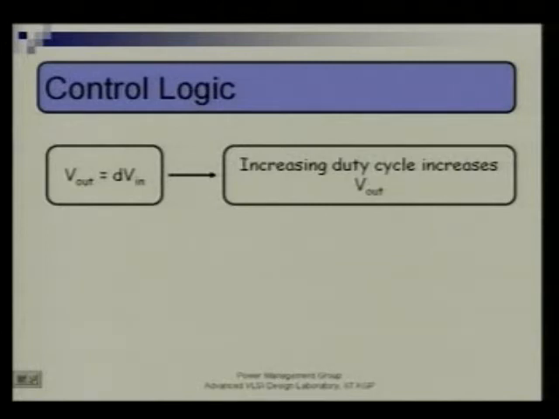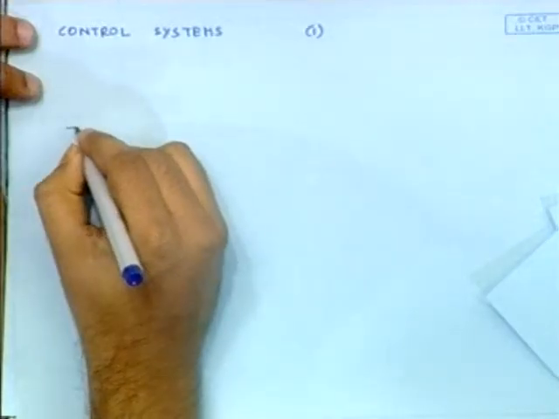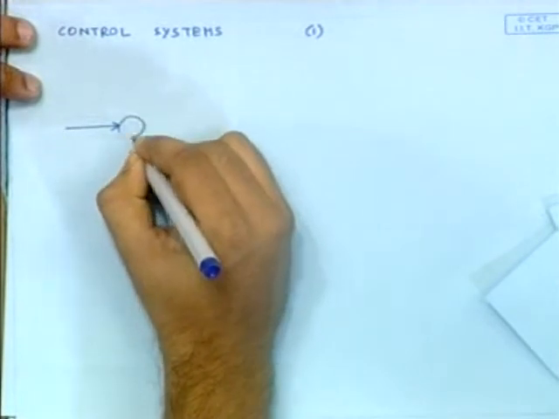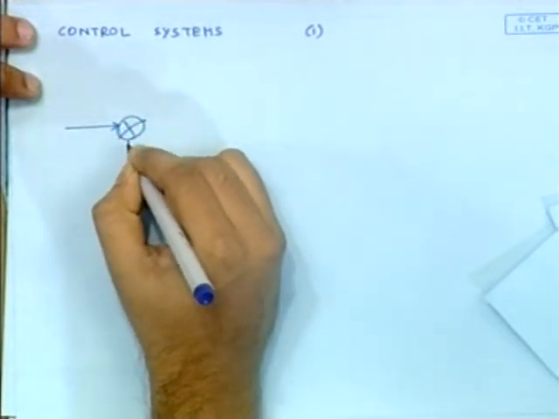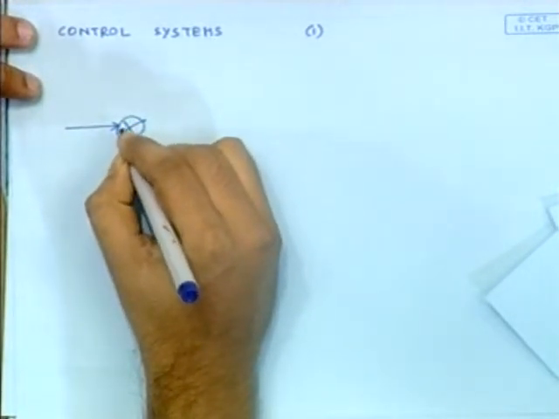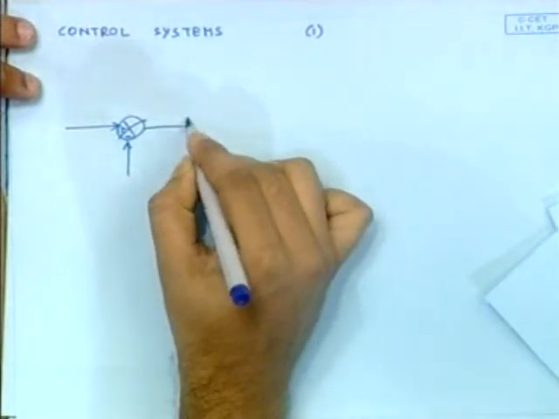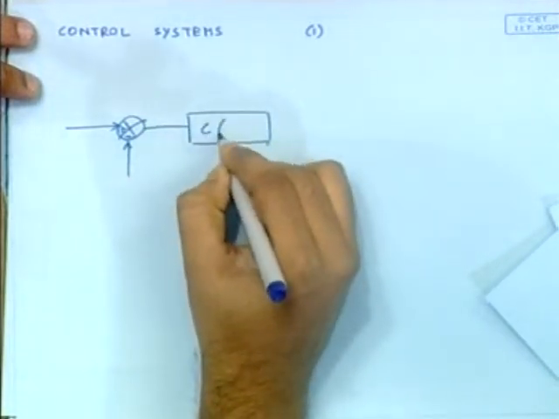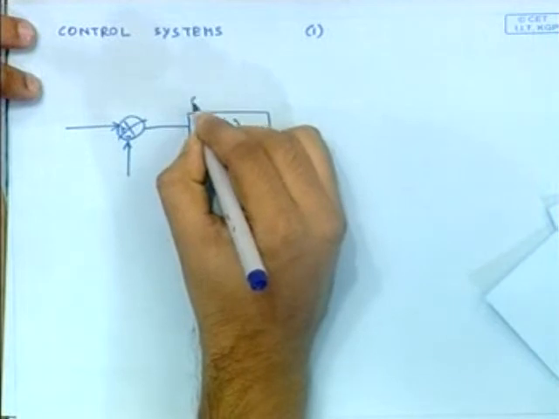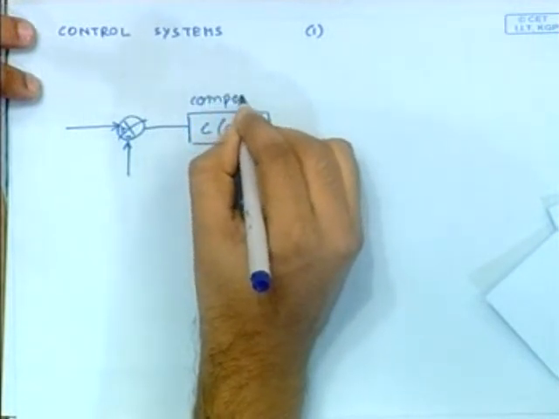So when I am considering the plant in control system terms, there is something called plant. If you open any control system book, you will find this kind of diagram, where you will find something called C(s), which we call the compensator. Just keep this diagram in mind.